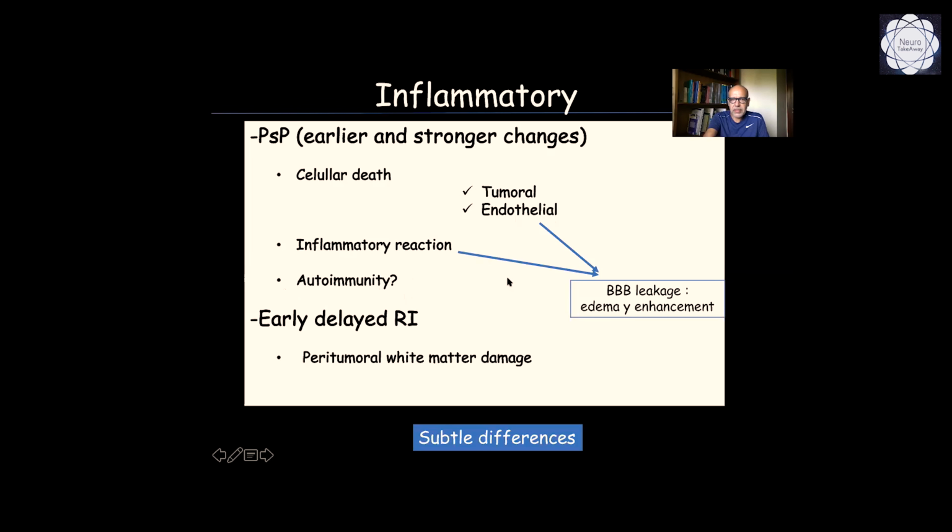These mechanisms lead to a blood-brain barrier leakage that leads to edema and enhancement. Meanwhile, the early delayed radiation injury is associated with peritumoral white matter damage. But as I said, you can see both things at the same time.